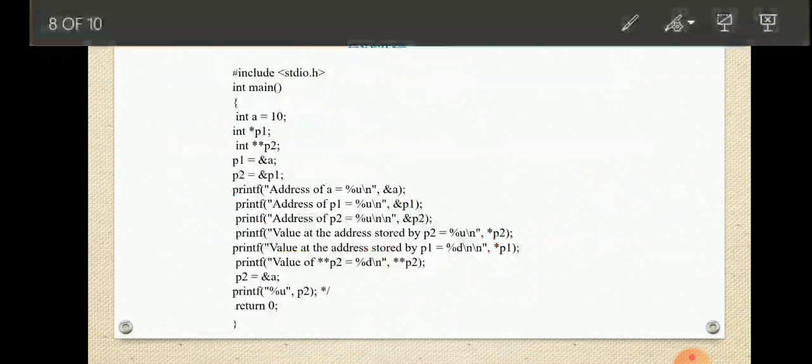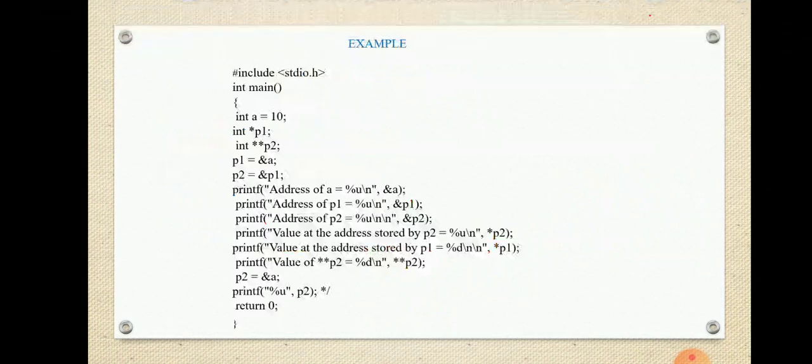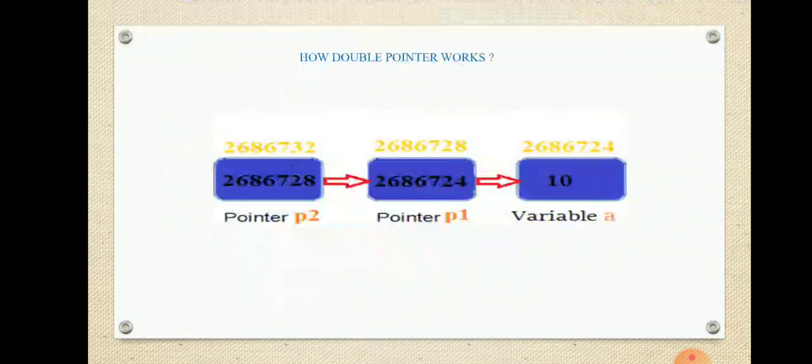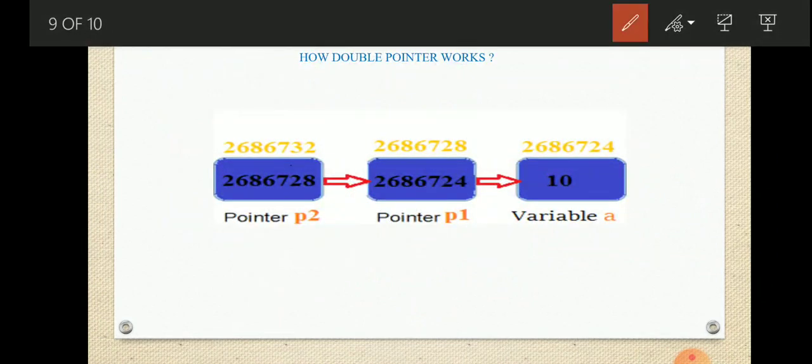Now consider this example. Before discussing it, let us see the diagram. As I said earlier, a double pointer is a pointer holding the address of another pointer. Here the first pointer is p1 and the second pointer is p2.